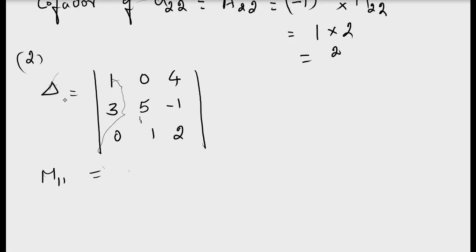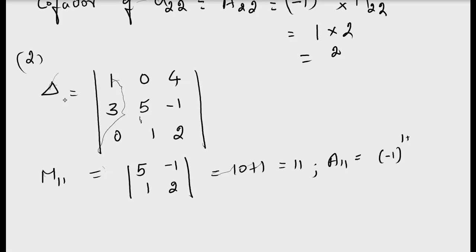So that would give you the determinant 5, minus 1; 1, 2, which is 10 plus 1, equal to 11. And A11 is equal to minus 1 to the power of 1 plus 1 into M11, which is equal to 11.